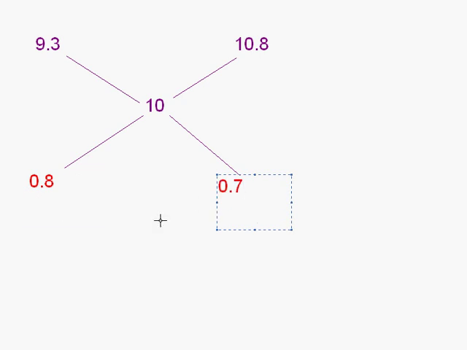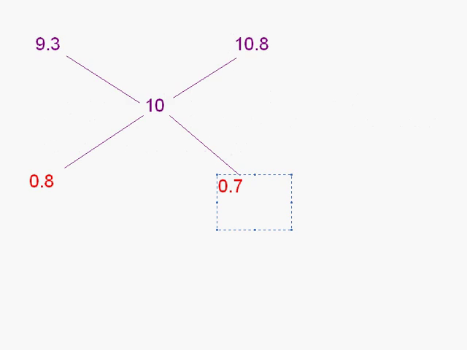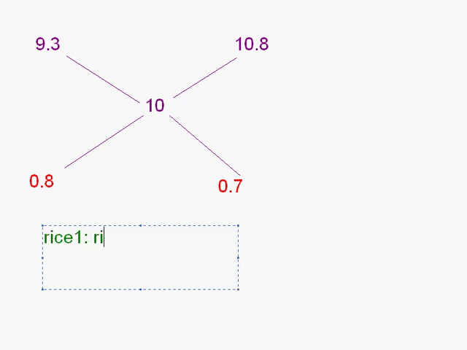Now what will be the ratio? The question was to find the ratio of rice at 9.3, so we'll say rice 1 and rice 2. The ratio of rice 1 is to rice 2 will be 0.8 is to 0.7, that is equal to 8 is to 7. Alright, so that's the ratio.